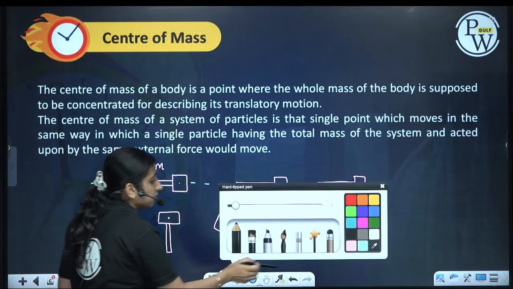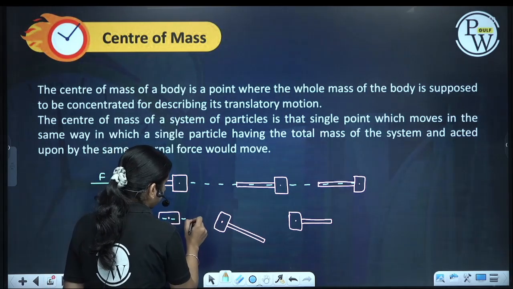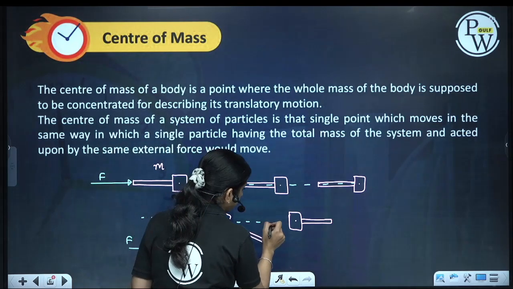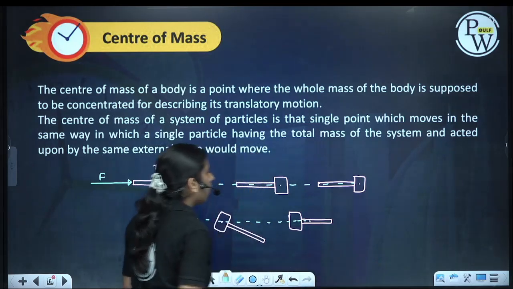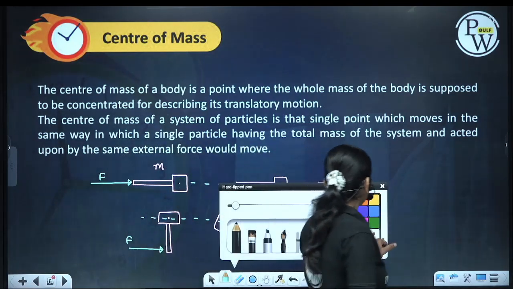So there is a point on this hammer which is behaving in a certain way.